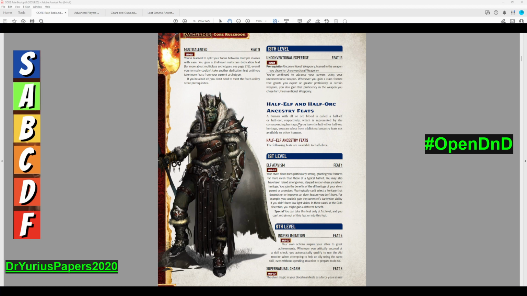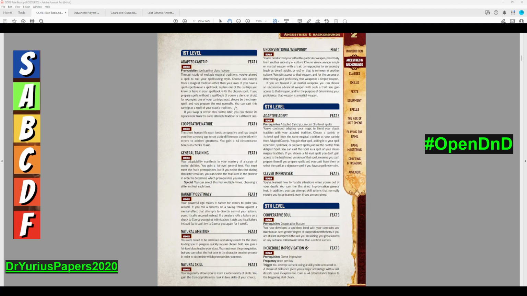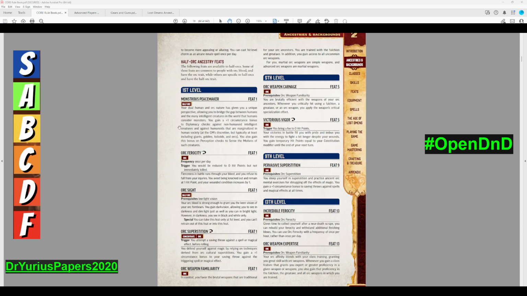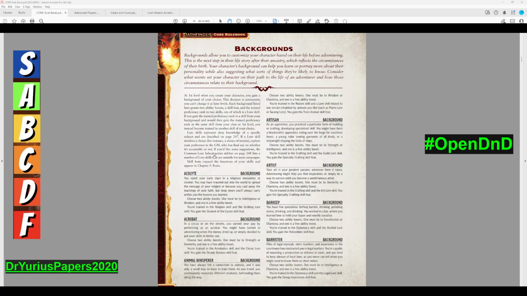At first level, you could take these feats here if you were a half-elf, or you could take one of these. There's not very many choices. And then there's a bunch for half-orcs.